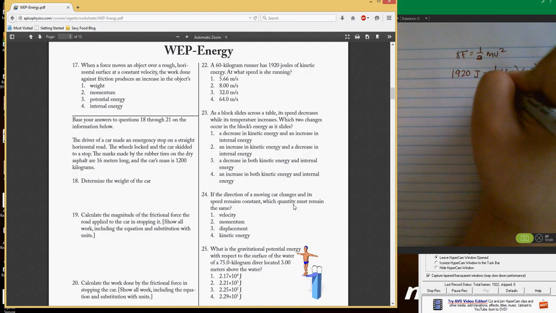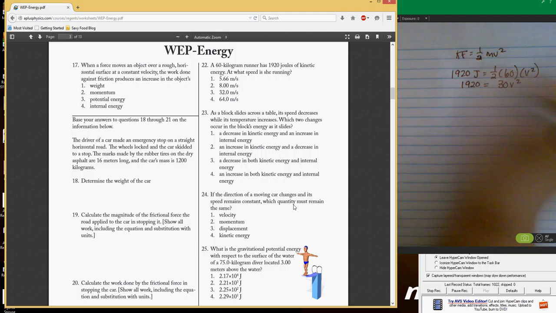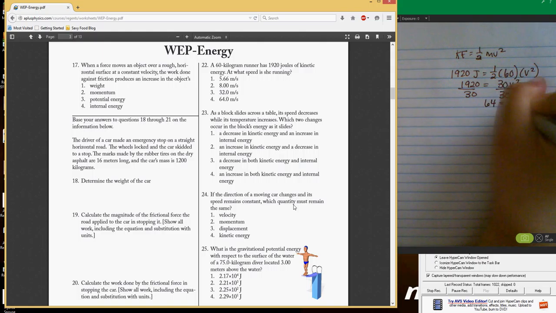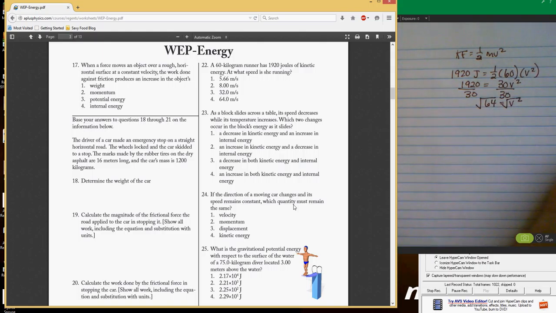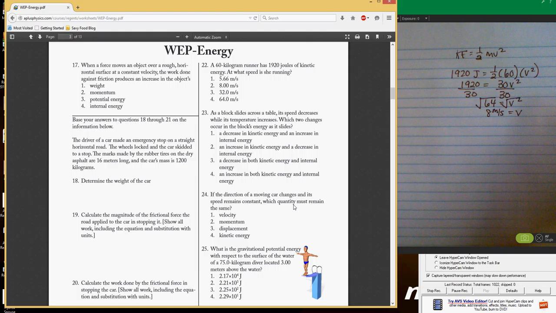So we have 30 v squared is equal to 1,920. We're going to divide each side by 30, and that leaves us with 64, which equals v squared. We take the square root of each side to get rid of the square, and that gives us 8 meters per second equals the velocity.